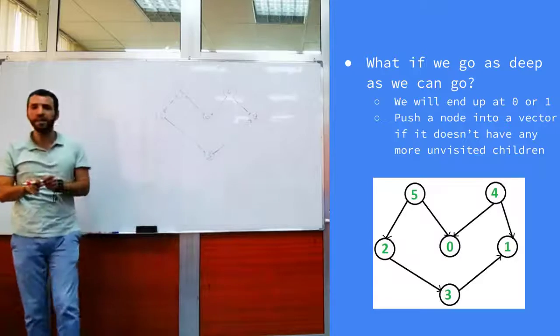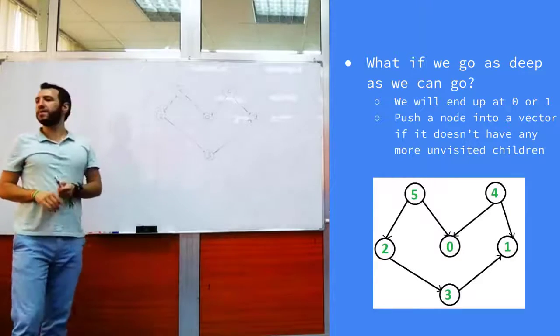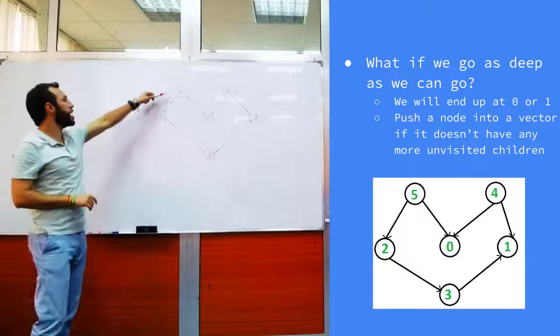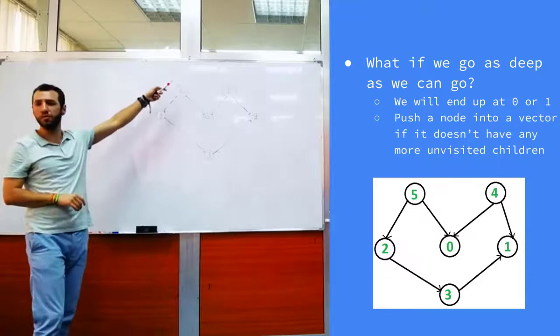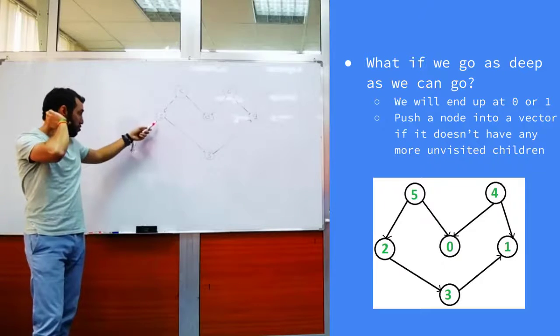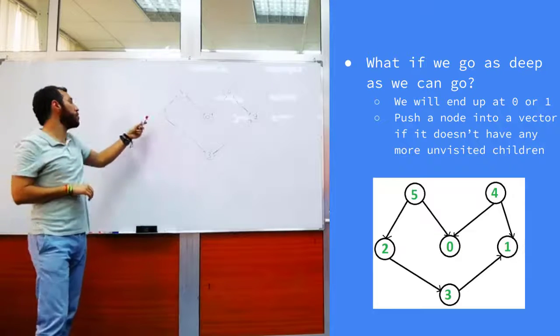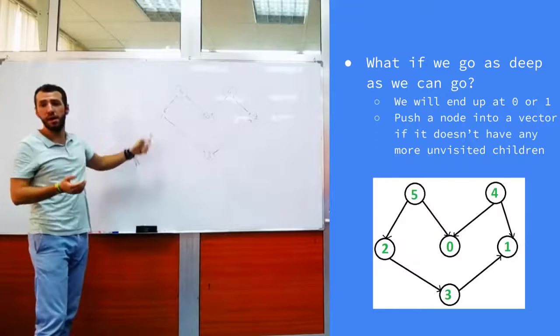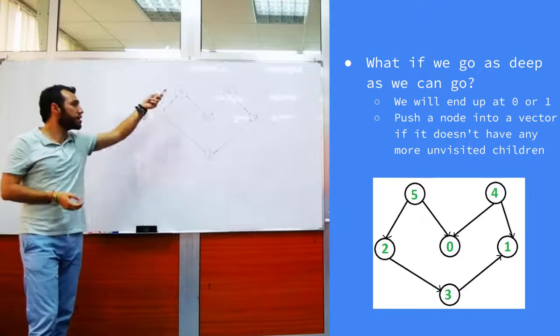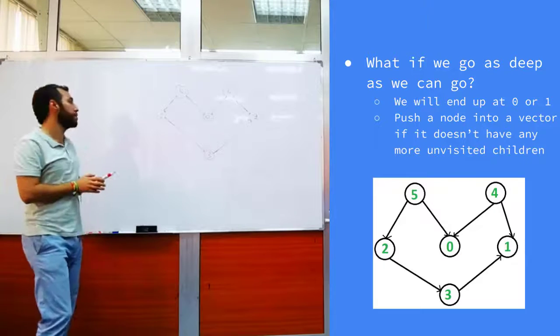So now let's take a look at this graph. Do you see any cycles in this graph? If we start from 5, there is no way we can get back to 5 because there is no incoming edge. If we start from 2, since we cannot get to 5 in any way, there is no way we can get back to 2 either. You can apply the same principle to other nodes, and you will see that there are no cycles in this graph.